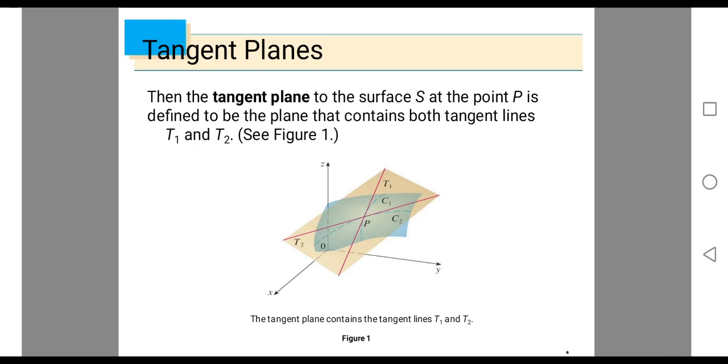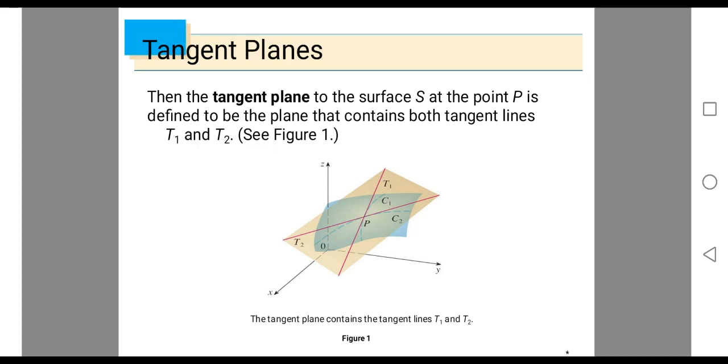The tangent plane to the surface S at the point P is defined to be the plane that contains both tangent lines T1 and T2. Have a look over here. This is our C1 and this is our C2, the two curves, and this is our surface. We have a point over here.